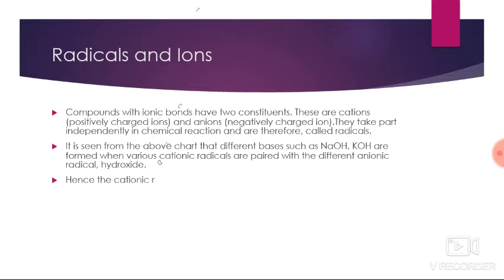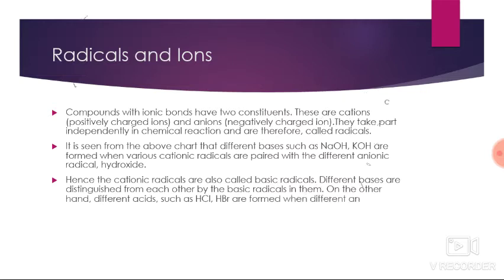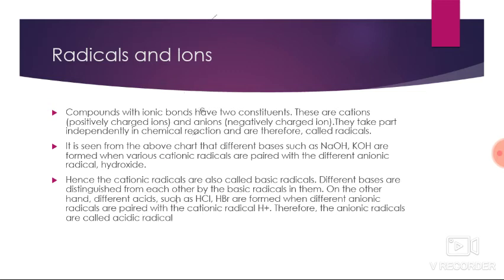It is seen from the above chart that different bases such as sodium hydroxide and potassium hydroxide are formed when various cationic radicals are paired with the anionic radical hydroxide. When compounds are formed, one of them has a cation and the other an anion.